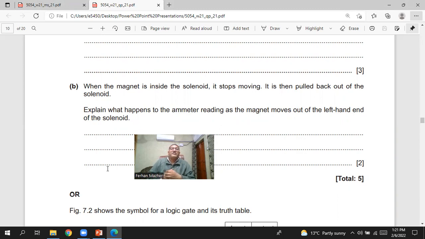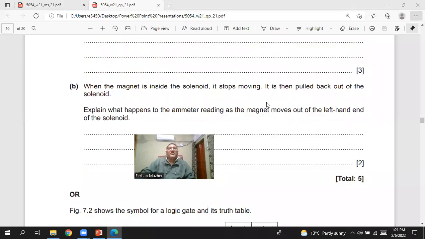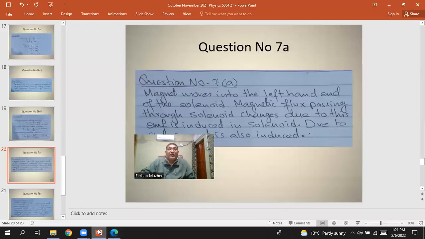And when the magnet moves to the left, EMF is induced, but in the opposite direction, and the deflection on the ammeter will also be in the opposite direction. I hope you understand my explanation, but let me show you the written explanation as well.